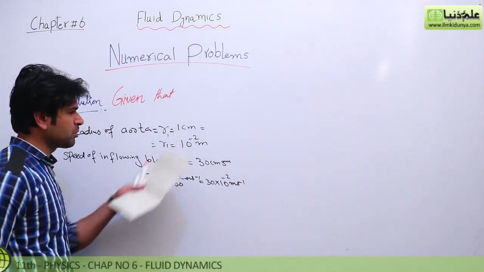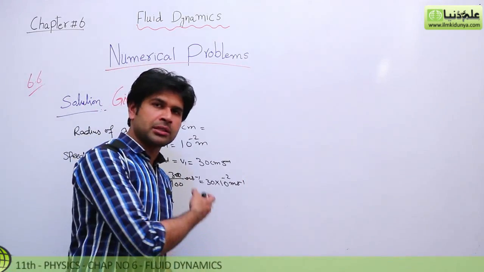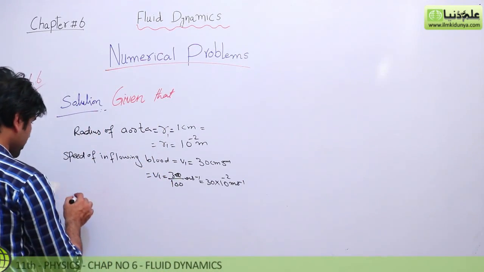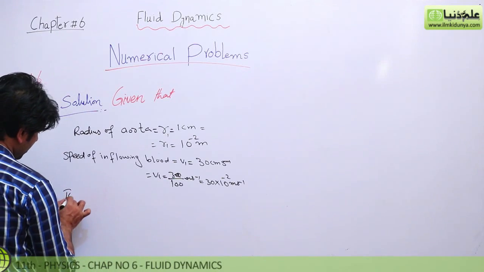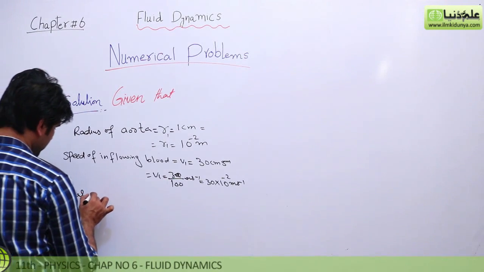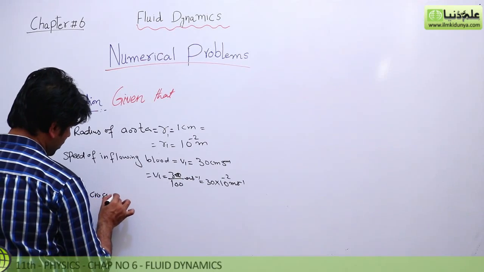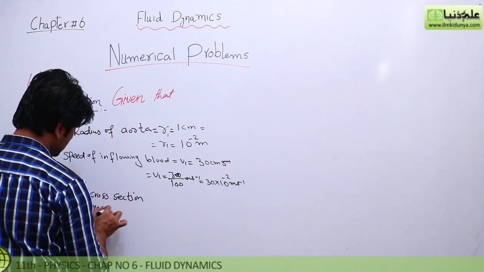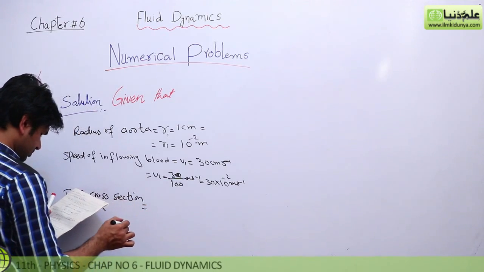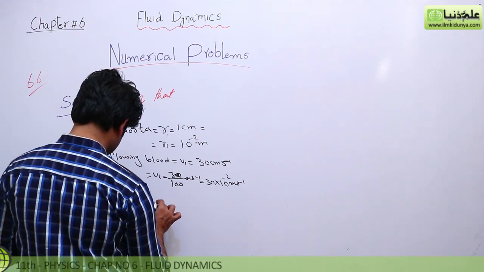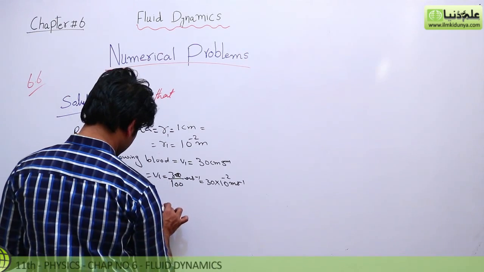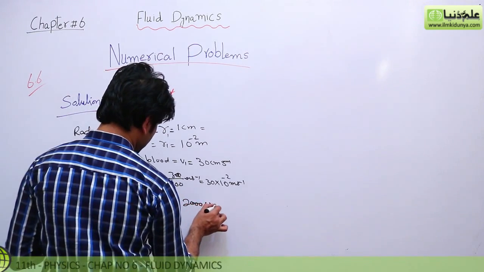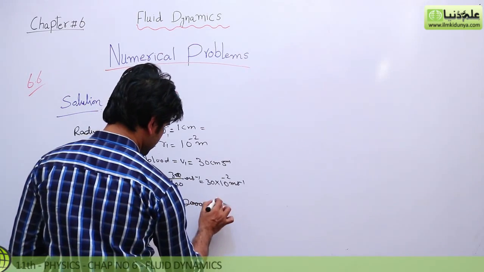To this similarity, we can write this as 10 raised to power minus 2. And the next is what is the total cross section area. We can write this as A2, 2000 centimeter square.